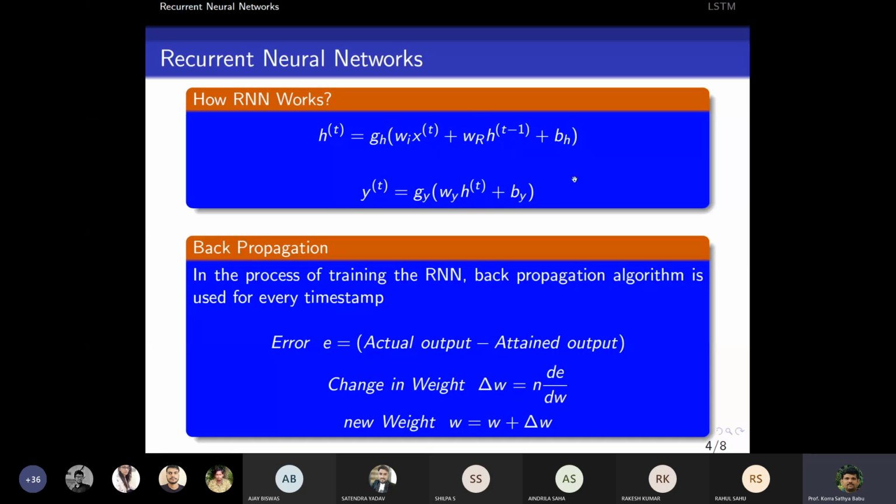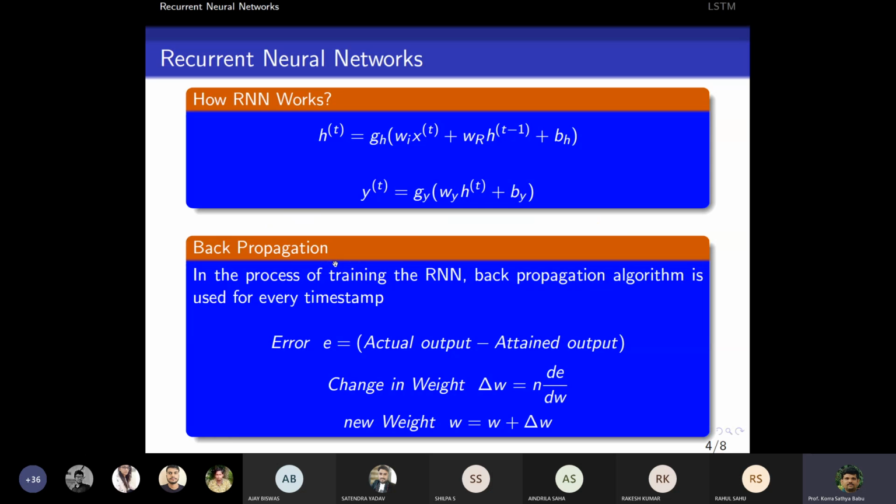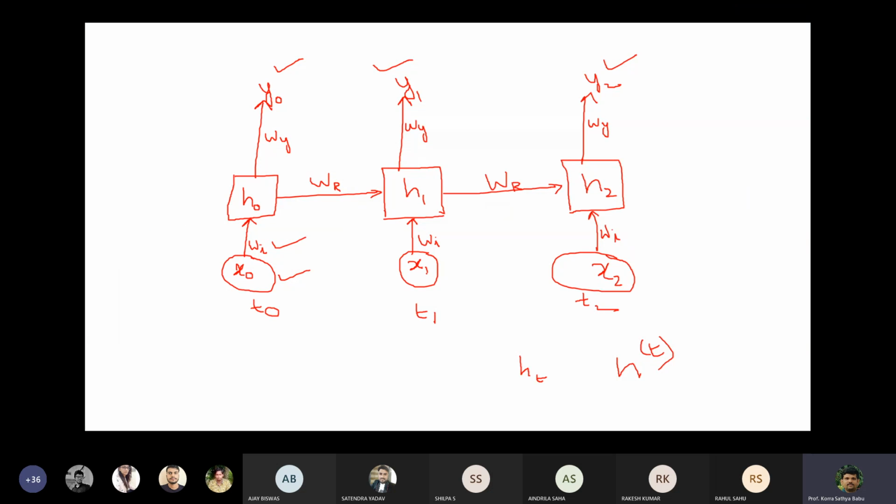So this is how y0, y1, y2, all these outputs are attained for the inputs x0, x1, x2, and this comes in a sequence. It means that suppose you wanted to predict y2, does it only depend on x2 and its weight?